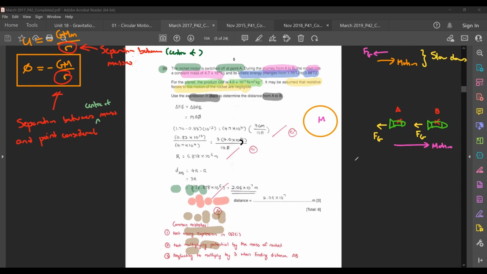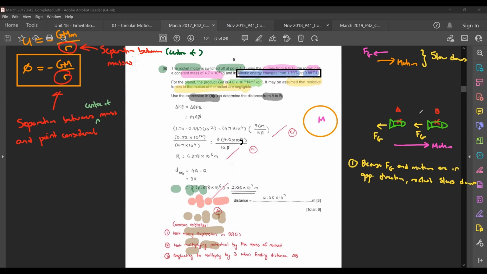Okay, so number one, because FG and motion are in opposite direction, the rocket slows down, which is kind of consistent with what you're seeing here. Because you see, they told you that your kinetic energy changes from 1.7 terajoules to 0.88 terajoules. It's because you are actually slowing down when you're moving towards point B.